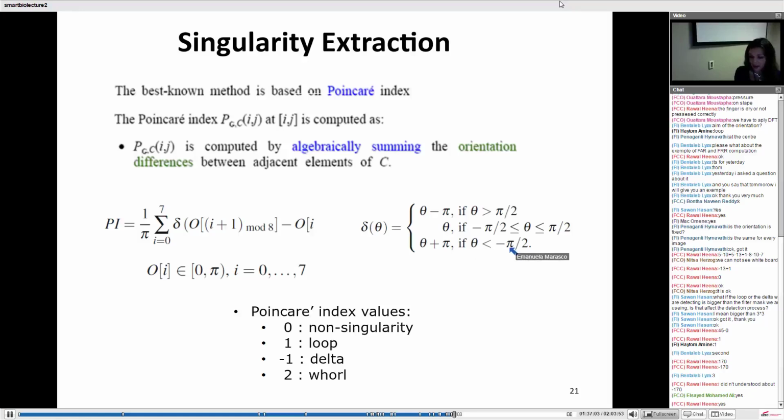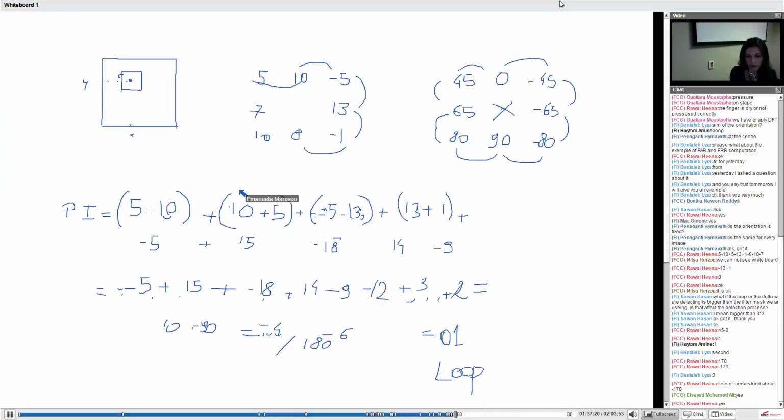So theta, minus 170, is less than minus 90. So we need to consider, according to the formula, theta plus 180, which is minus 170 plus 180. And then this is what we got here.